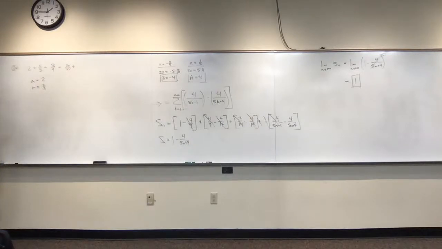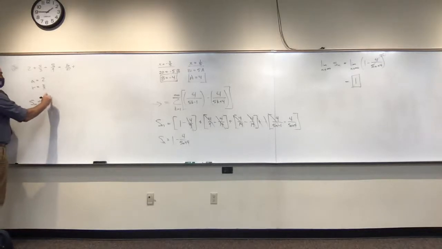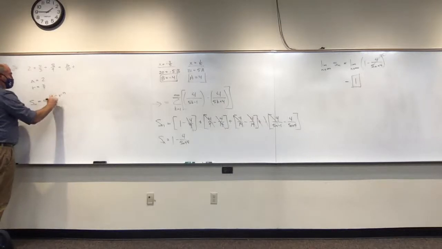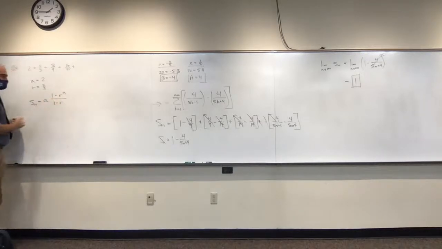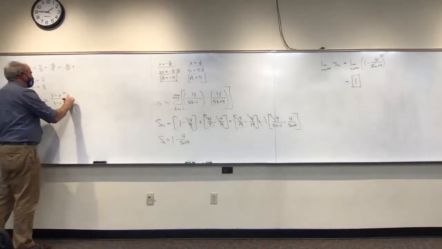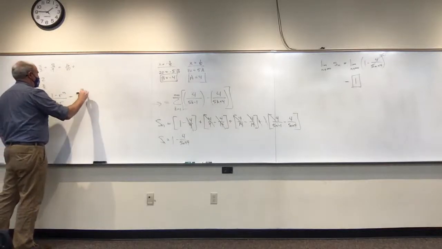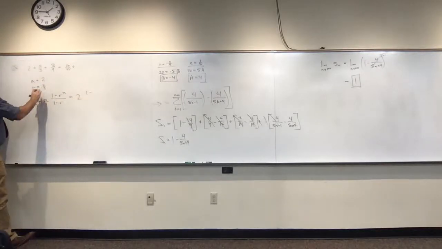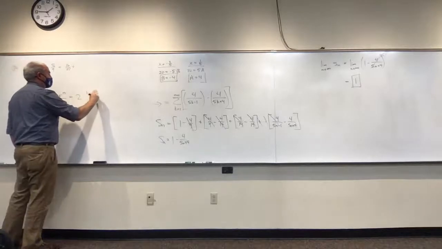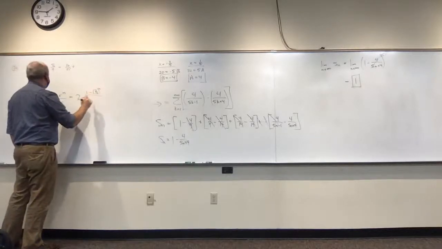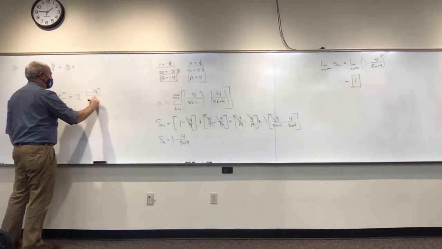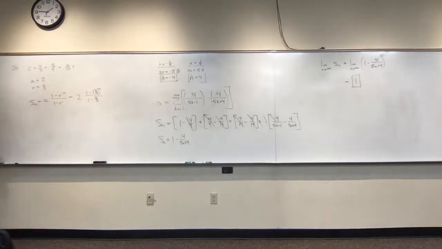Agreed? Okay, well, what the book tells us is S_n for a geometric is A times 1 minus R to the n, divided by 1 minus R. So what is that in this case? Well, A is 2. We get 1 minus R, which is 2/3 to the n, divided by 1 minus 2/3. And then we could take the limit of that thing as n goes to infinity.